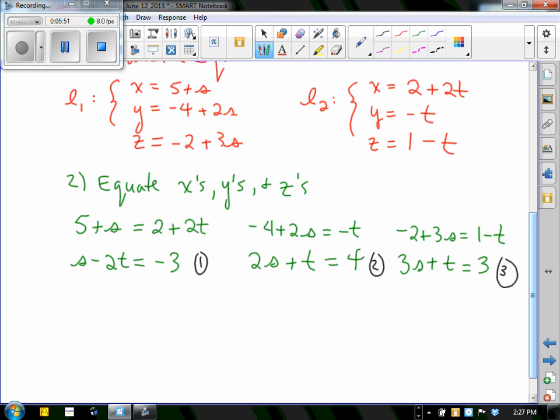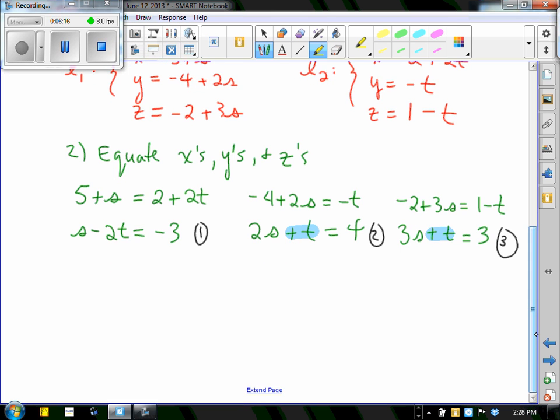At this point, our goal is to find a point of intersection. What we could do is look for two equations where it might be easier to eliminate one of the variables. We can see that that will happen with equations 2 and 3, both of them bearing a positive t term. So let's go ahead and solve.